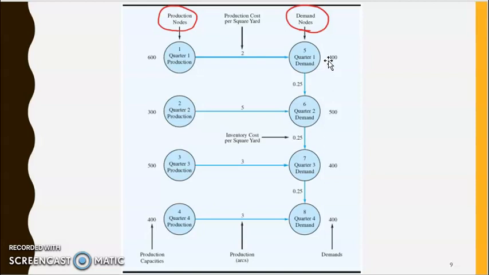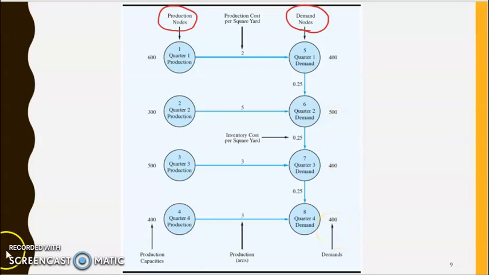So from production in Q1 as the origin to Q1 demand as the destination. Okay, the demand also according to the tables are 400, 500, 400, and 400.